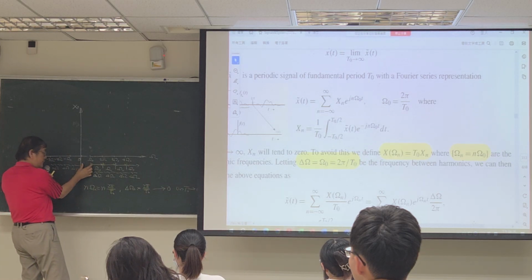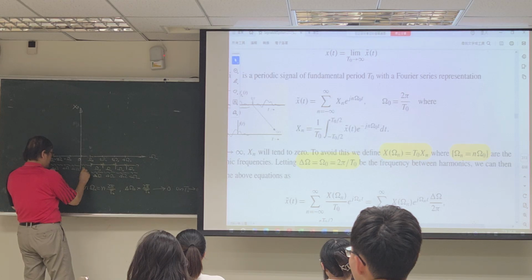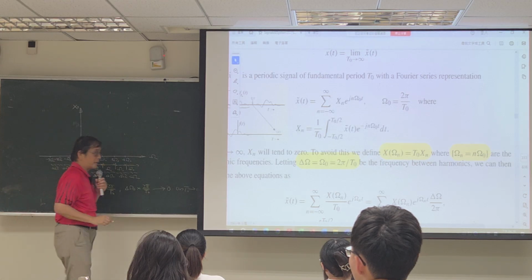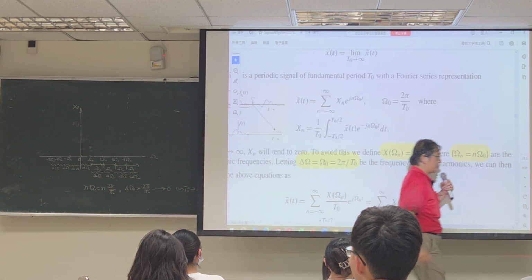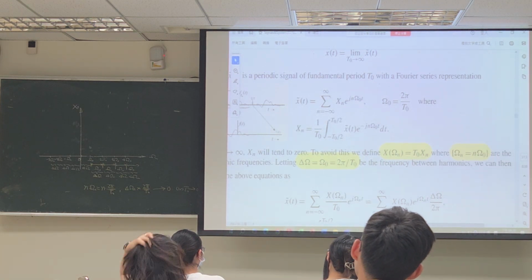So you can see that the interval becomes smaller, smaller, smaller. This is also a delta omega as well. Okay, so that's the point. This is the tricky part.